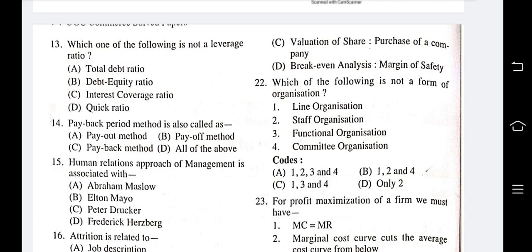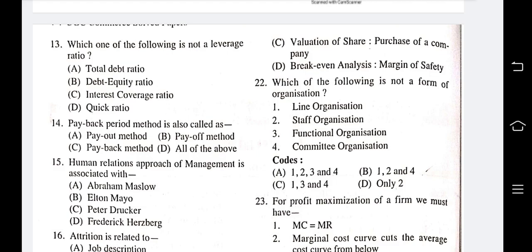It is a simple way to evaluate the risk associated with a proposed project. An investment with a shorter payback period is considered to be better, since the investor's initial outlay is at risk for a shorter period of time. So this is the answer, the payback period.